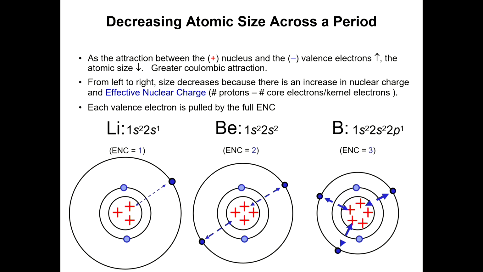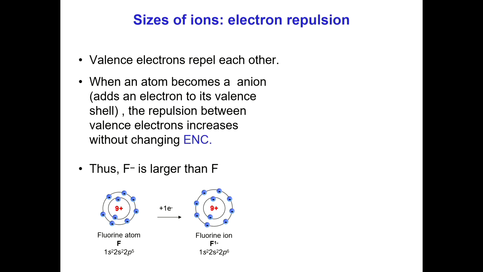Okay, so they decrease. So this is why we can use the ENC number to explain why in one period from left to right the radius decreases.